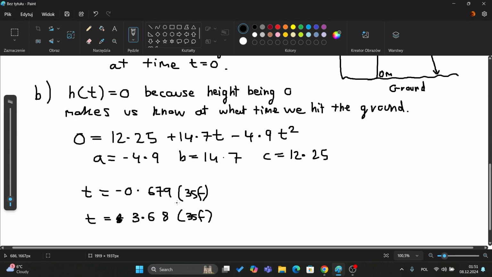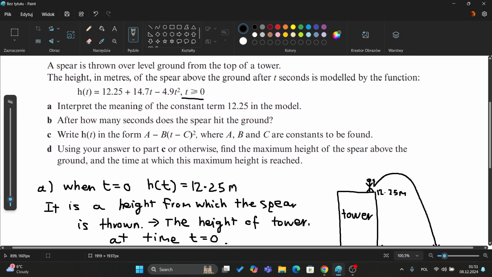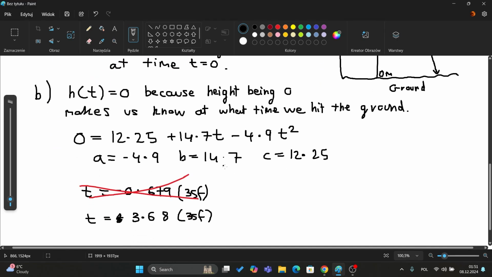So 3.68 will be the correct answer because the time cannot be negative. Our conclusion is that the spear hits the ground at 3.68 seconds.